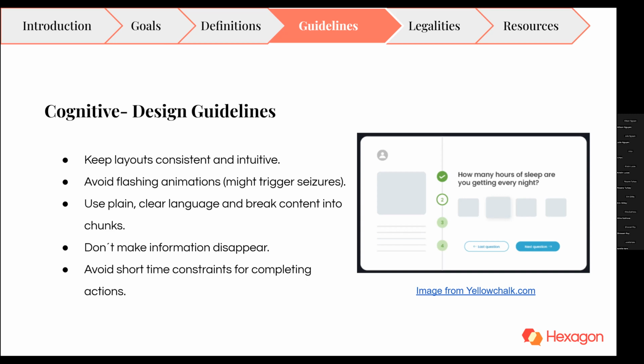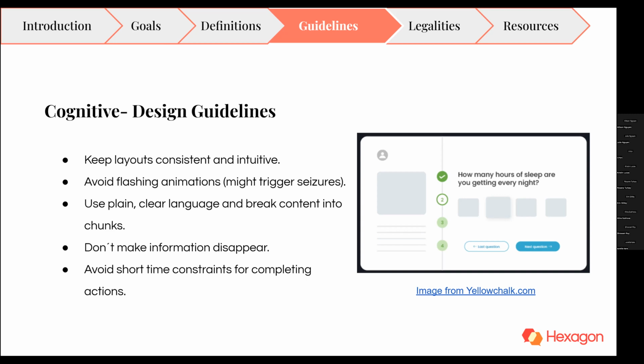Avoid flashing animations. They might trigger seizures, migraines. I personally hate them. Language is very important. Be careful with idioms, jargon. Is that the word? Like too high-level words, too specific words.